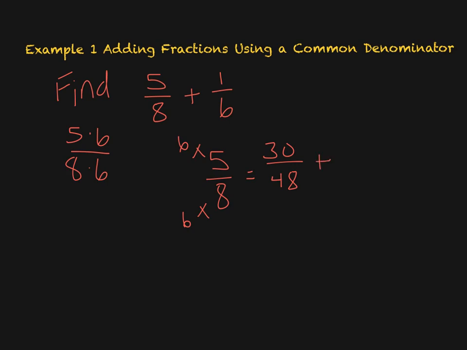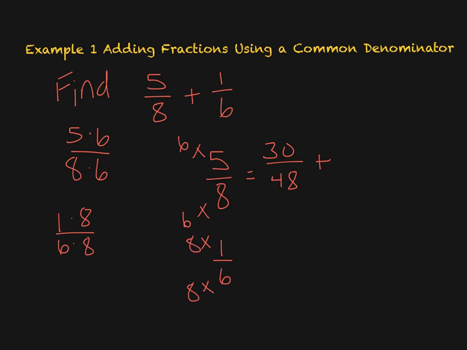If I do the same thing over here with the 1/6, I'm going to take and multiply it by 8. So I'll have 6 times 8, and I'll have 1 times 8. So in other words, if I'm doing it the same way I just showed you over here, now I have my 1/6, and multiply that by 8, multiply that by 8.